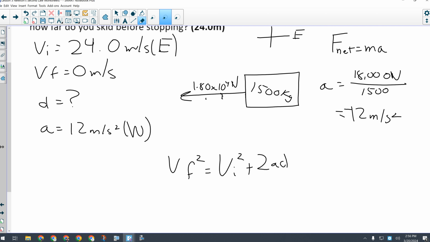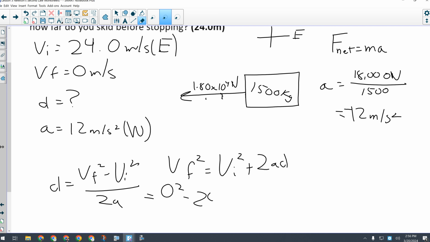Manipulate for D. D will be VF squared minus VI squared divided by 2A. And so that's going to look like this: 0 squared minus 24 squared divided by, oddly enough, negative 24.